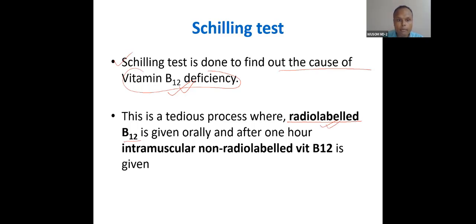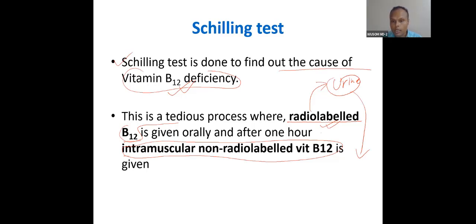So radiolabeled vitamin B12 is given orally, and after 1 hour, intramuscular vitamin B12 is given. I will tell you the significance of this intramuscular non-radiolabeled vitamin B12. First, you will easily understand the significance of the radiolabeled vitamin B12 from the oral route. It will be absorbed, and then it will be excreted in urine.